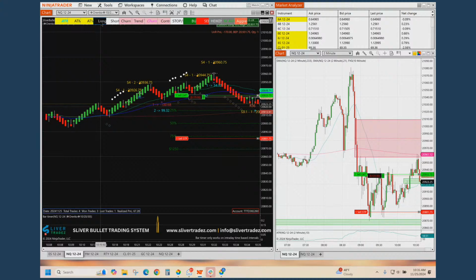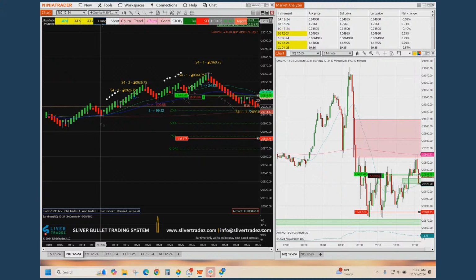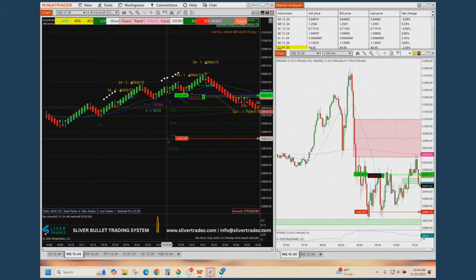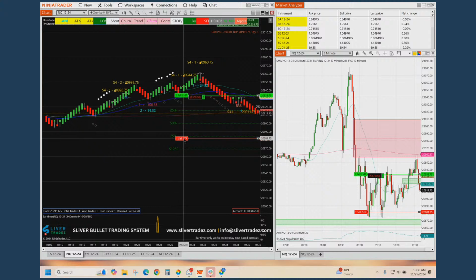I was expecting it to give me a profit by now, but it hasn't. It's going against me now. So I turn the scaling mode on. It's pushing down heavily.